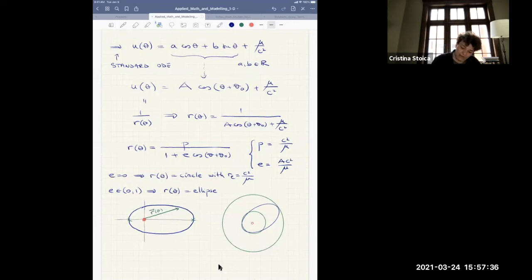And then if we have E equals 1, we're going to discover that r of theta is actually a parabola. So I won't draw it, but it is something like this, right? And then for E greater than 1, r of theta is a hyperbola.